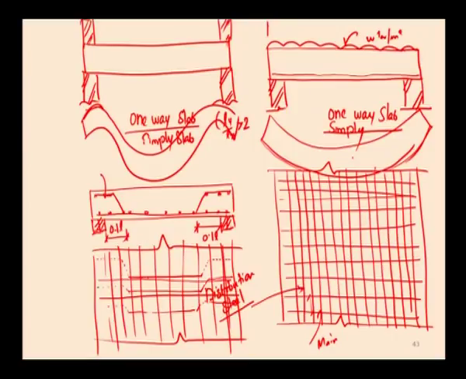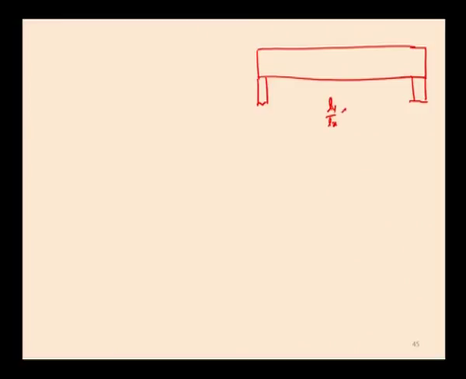Now, in the case of a two-way slab, so here this is a two-way simply supported slab. Okay. So, also in the case of a two-way simply supported slab, Ly by Lx is less than or equal to 2. This is a two-way simply supported slab.